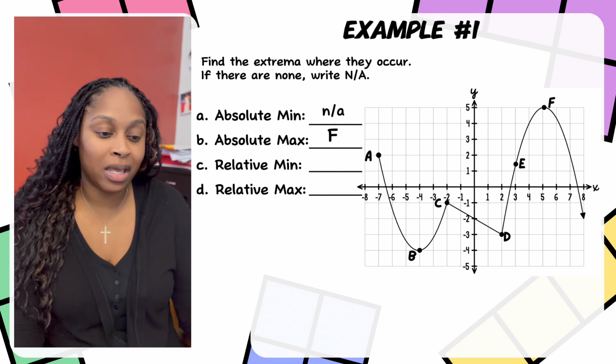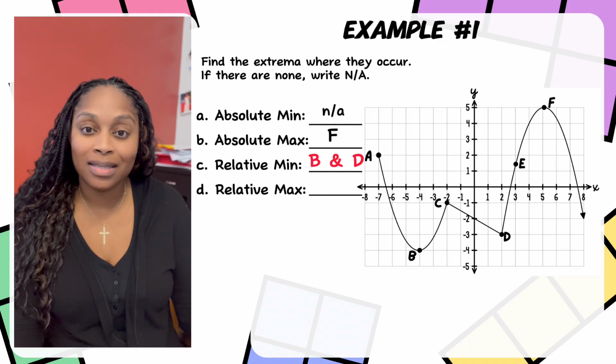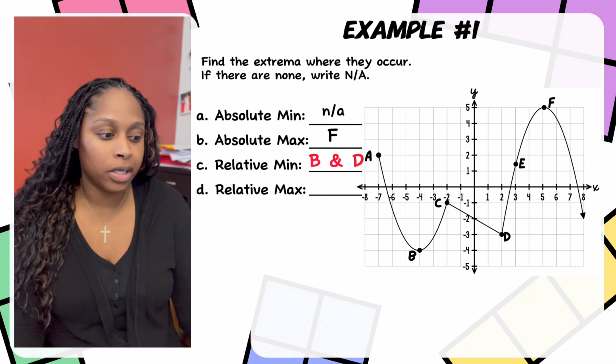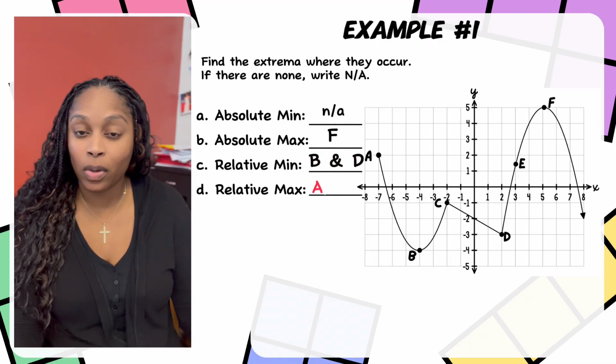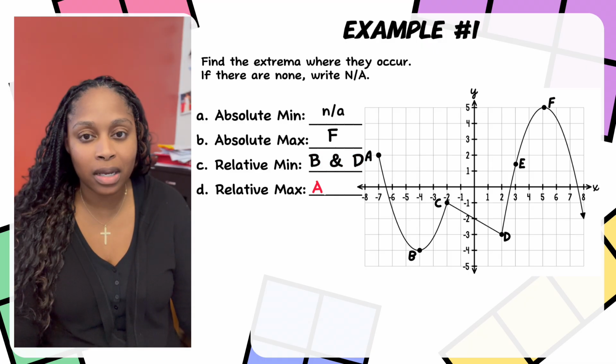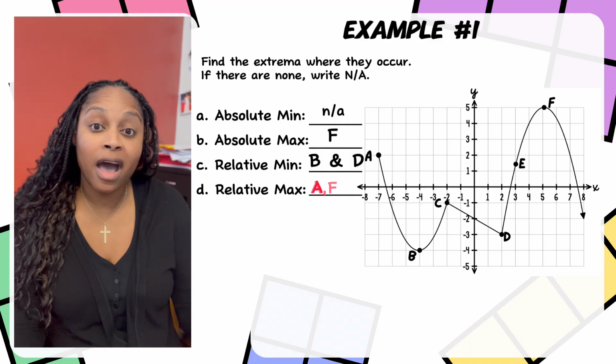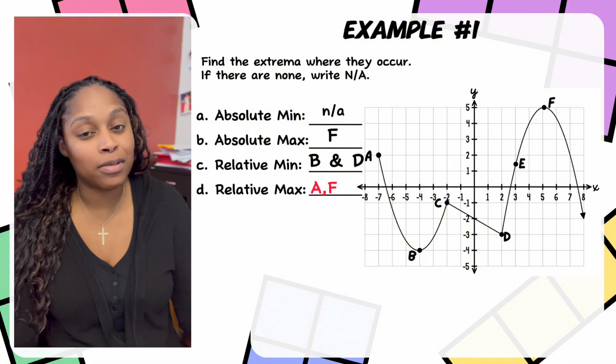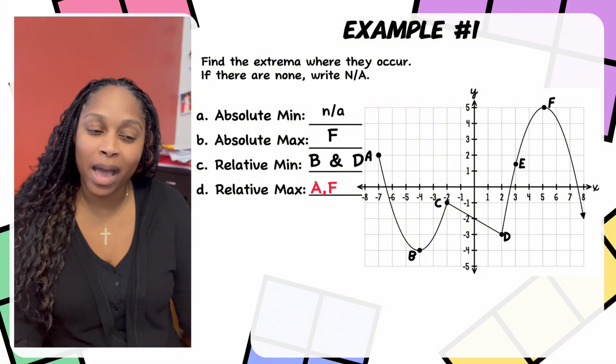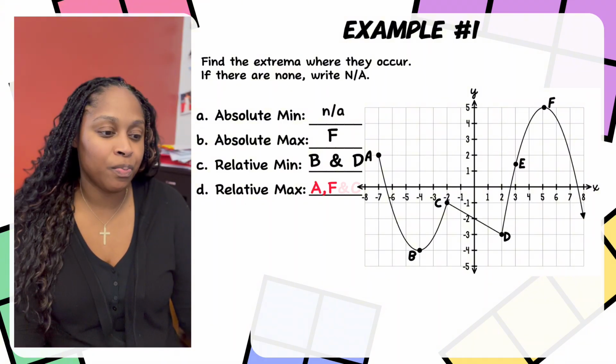So we have a relative min at B, as in boy, and then we also have a relative min at D, as in dog. And then the final part, a relative max. We have a relative max at point A. I know it's an endpoint, but we're going to include that endpoint because it is a high point in that section. And then we have F, which is the absolute max. But remember, an absolute max can also be a relative max. And we also have one at C.